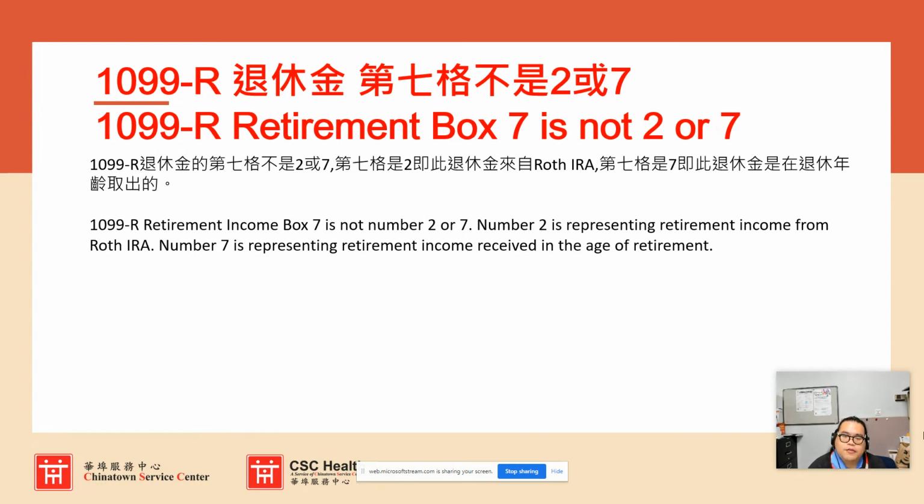Also, if you want to know more about the scope for box 7, you can visit the IRS website and see Publication 4012 about the scope table. It will tell you more details about that.